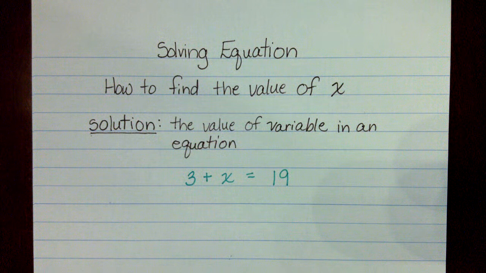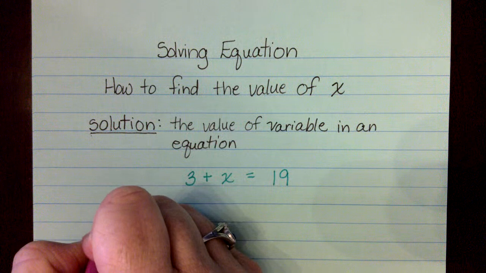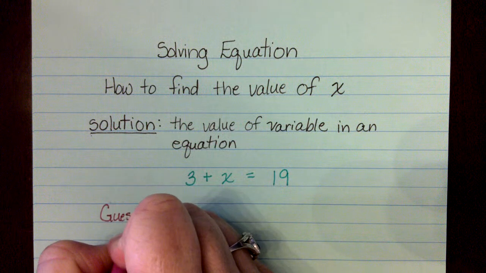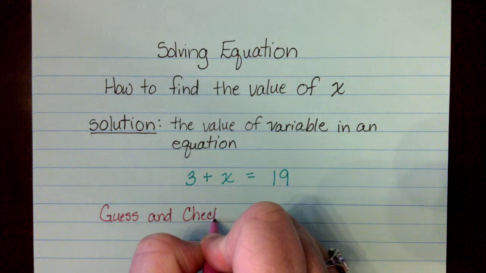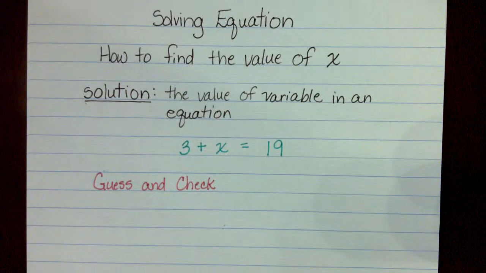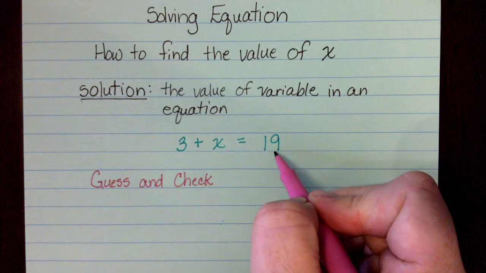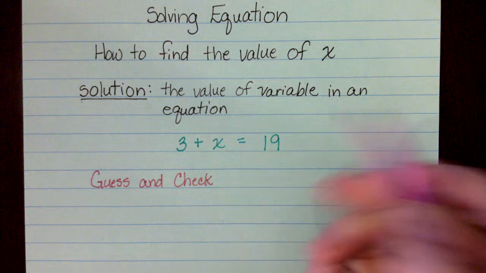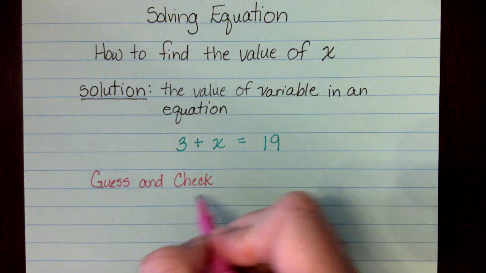The problem with guess and check is it takes a little bit of time and energy because you're just trying to figure out what's going to go in. So I know that 19 is close to 20, so it's going to be 3 plus something that makes it close to 20. So I'm going to try 17.